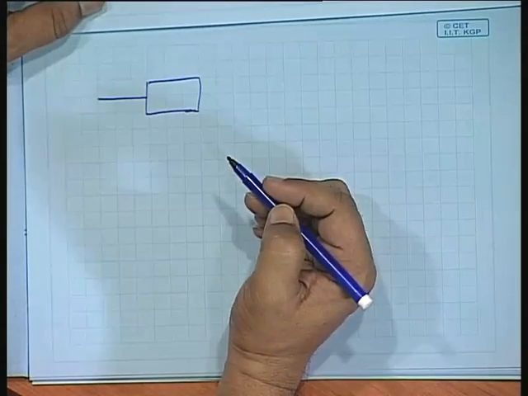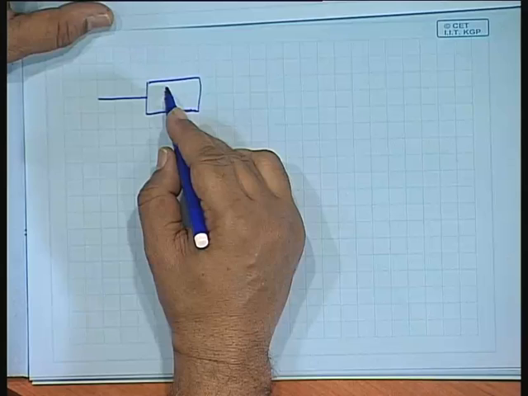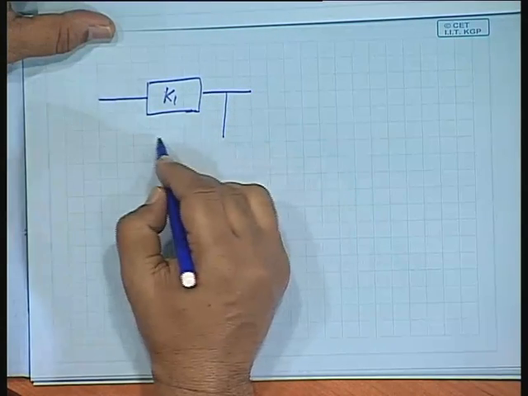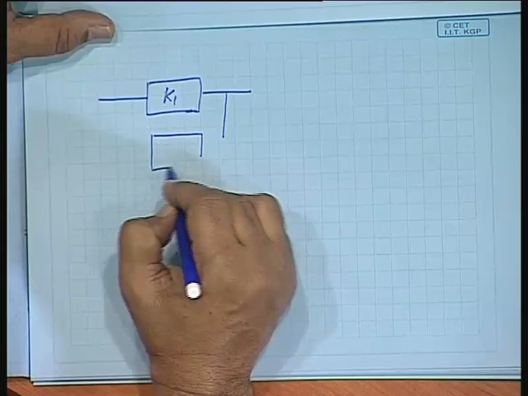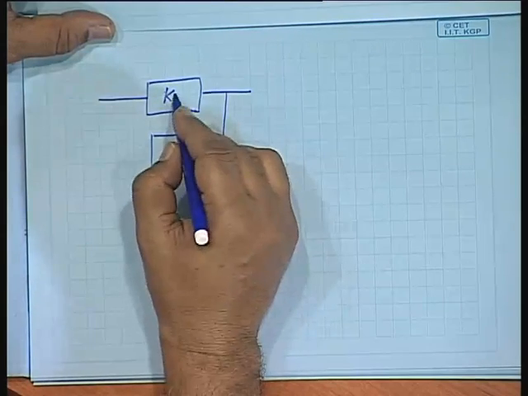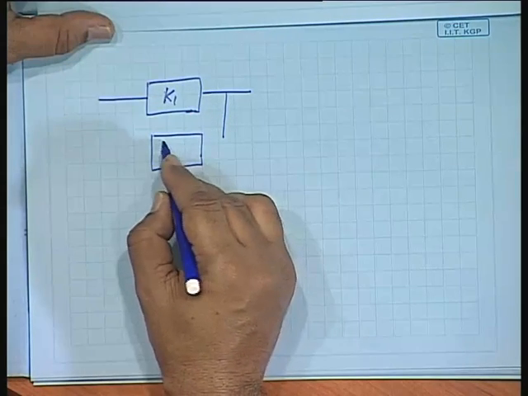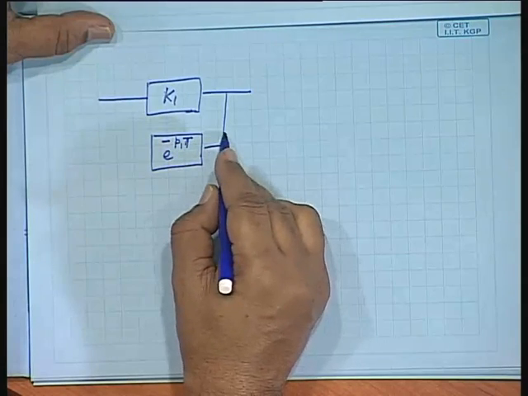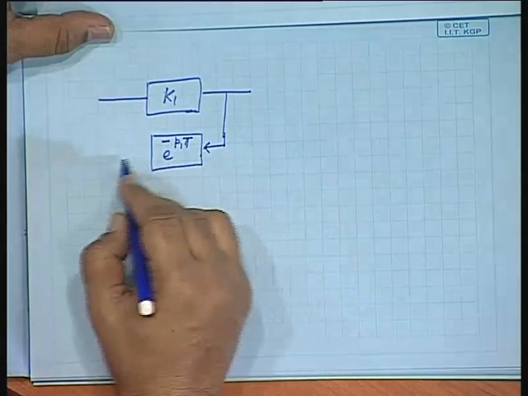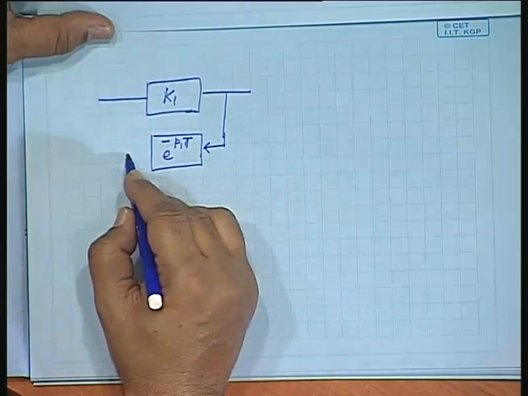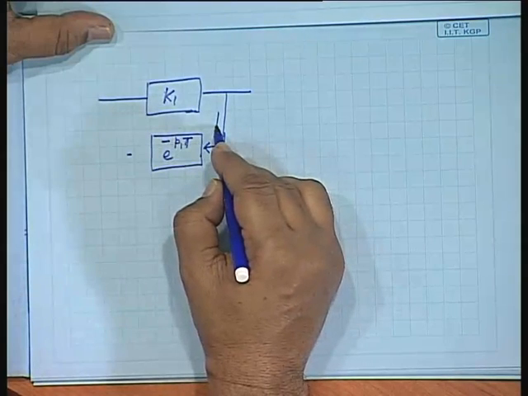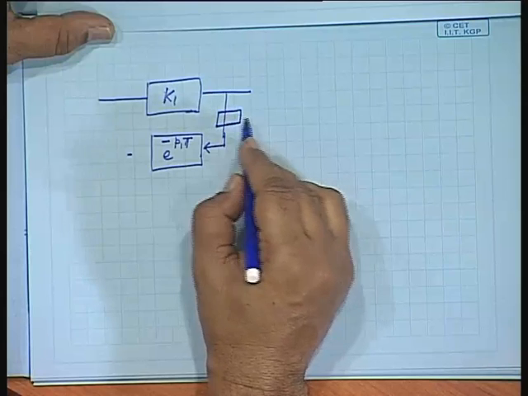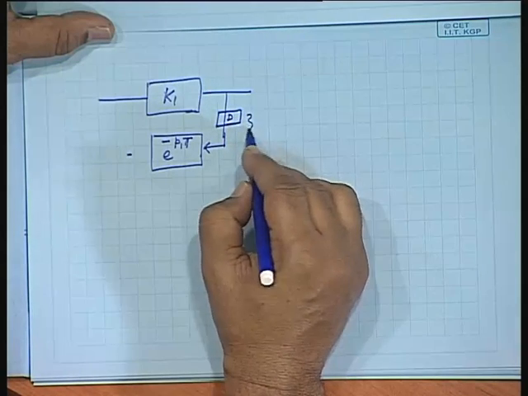Some gain K1, okay, and then a feedback path e to the power minus p1 T, and then I can put the delay here or here as you please, a delay which corresponds to z to the power minus 1.